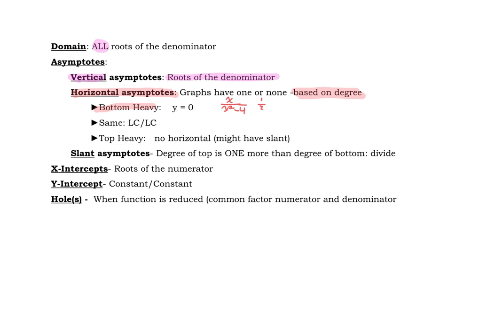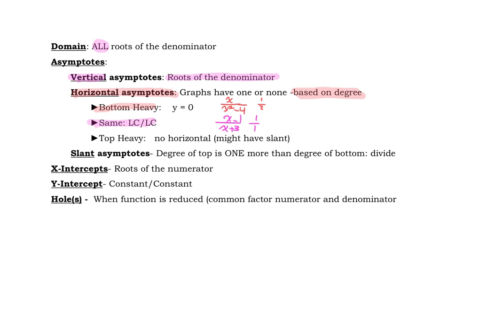Then I could have a comparison where the top and the bottom have the same degree. An example of that would be like x over x plus 3 or x minus 1 over x plus 3. They have the same degree, a degree of 1 over a degree of 1. Remember, that's the exponent on the x.